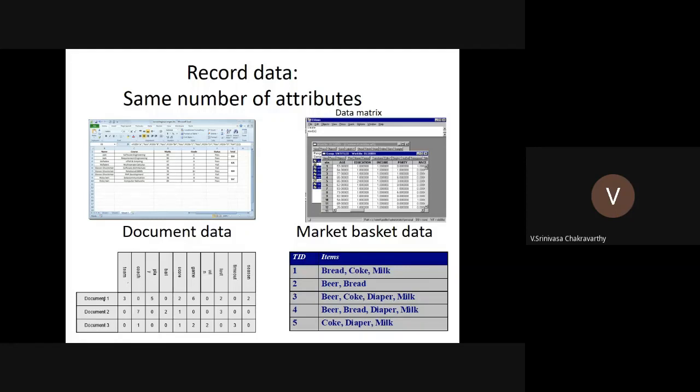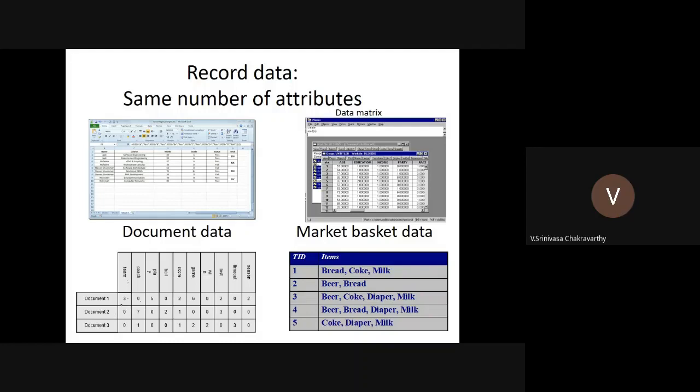Now you can represent each document with respect to those keywords in terms of the number of occurrences of that keyword. So document 1 has 3 occurrences of the word team, no occurrence of the word coach, has 5 occurrences of the word play, and so on and so forth. Suppose a document has all these words occurring with very low frequency or not occurring at all, then it's probably not a sports document, right?